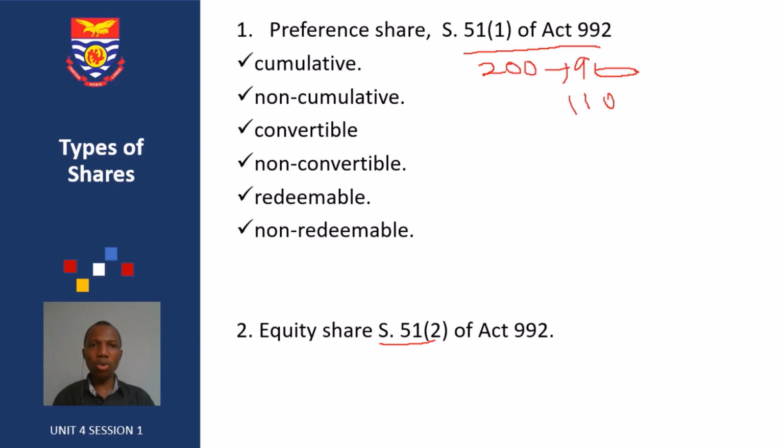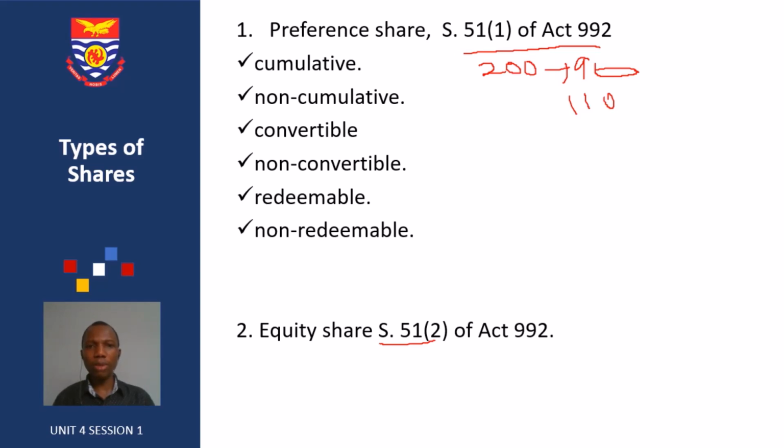Now, non-cumulative means that once the company has declared dividends and they were not paid in the year in which they were declared, that amount cannot be carried forward to the next year. So if they were not able to pay, that is the end. You can't receive it.